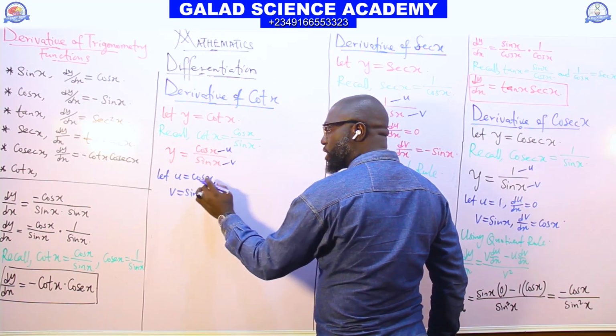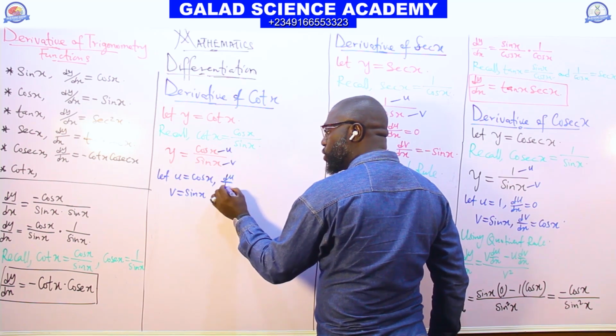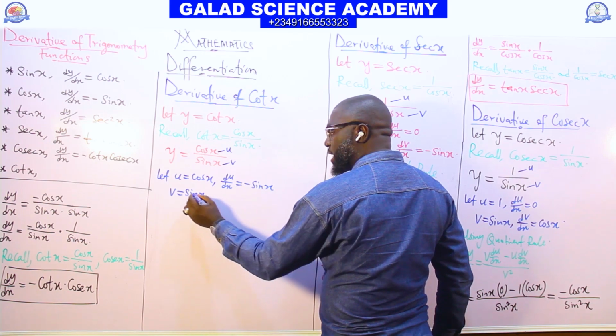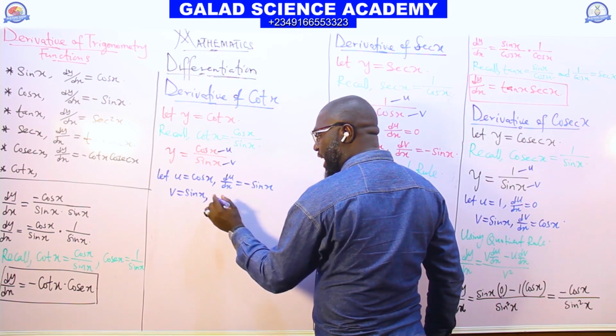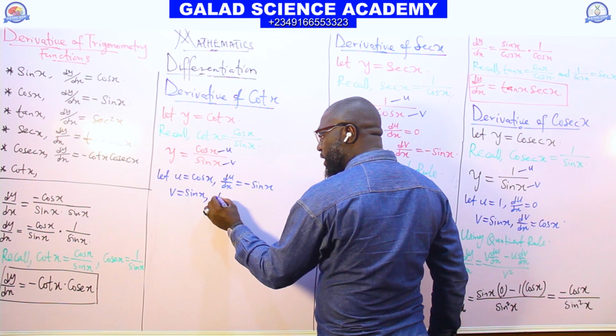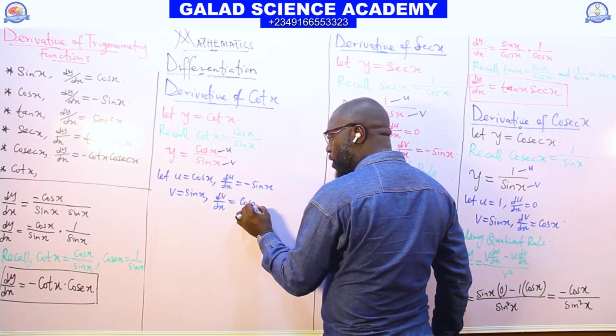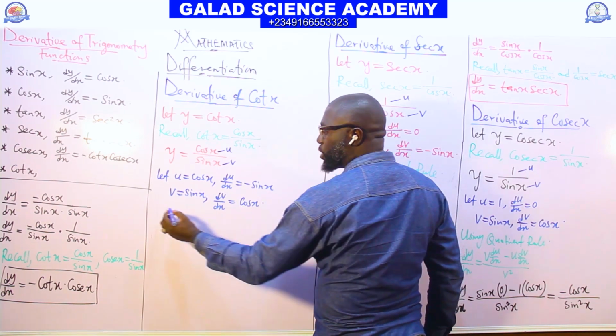Differentiating u, du/dx gives minus sin x. Differentiating v, dv/dx will be cos x.